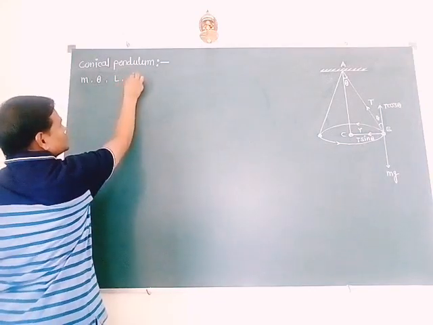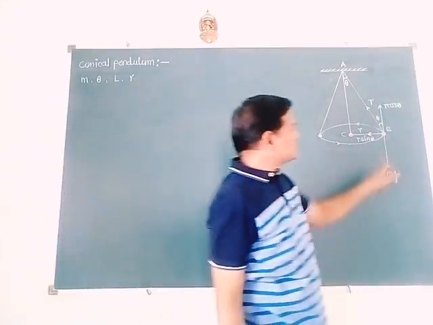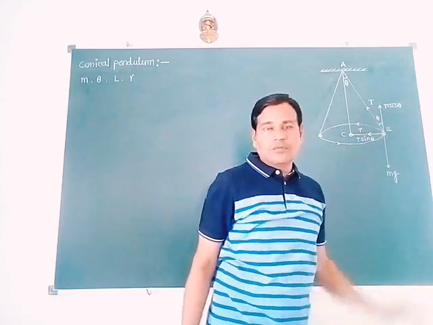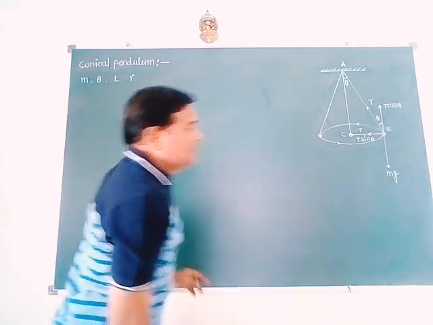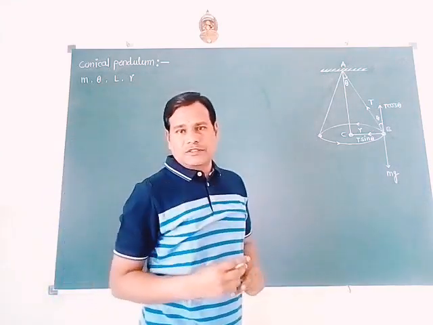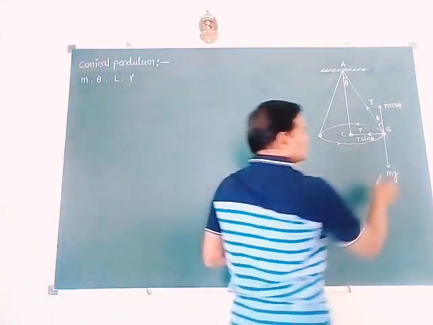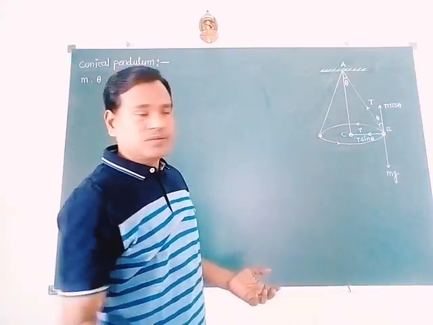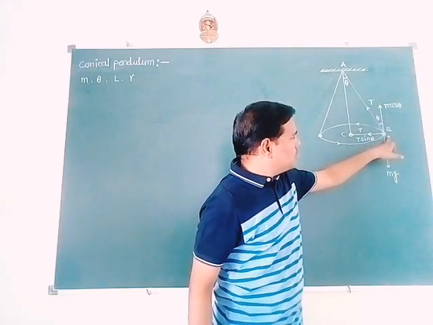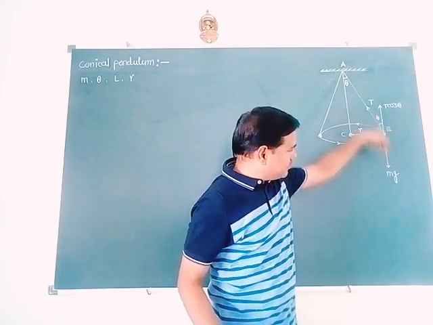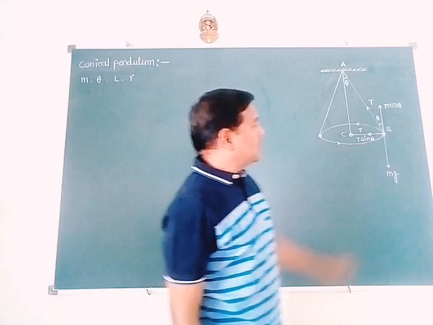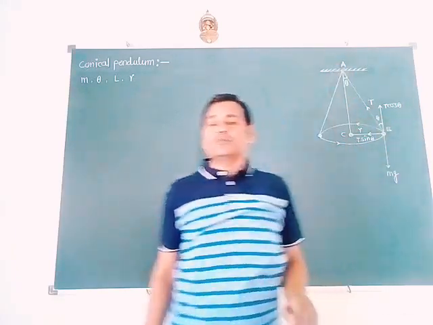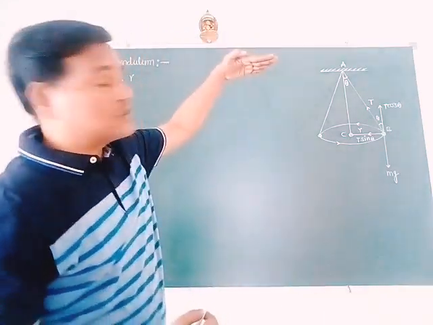Suppose the radius of the circle is small r. In the displaced position B of the bob, it experiences two forces. First is its weight mg, acting vertically downward. Second is the tension in the string, which is towards the point of suspension, towards the support.